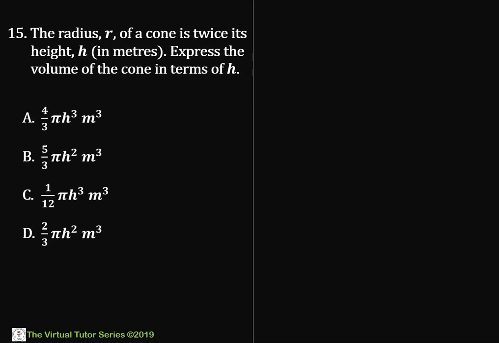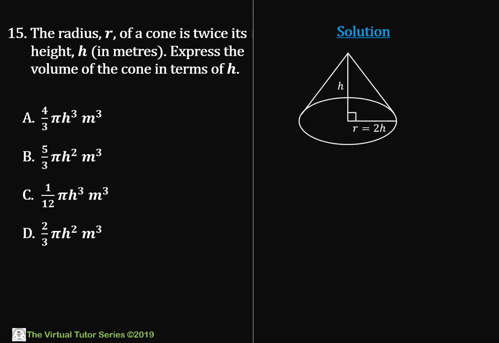Question 15. The radius r of a cone is twice its height, h, in meters. Express the volume of the cone in terms of h. Solution. Here is a sketch of our cone with height h and radius r, which is equal to 2h.